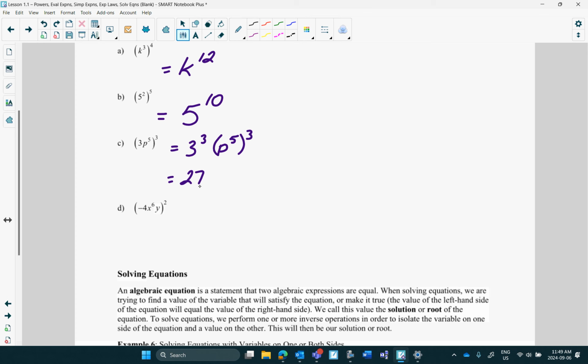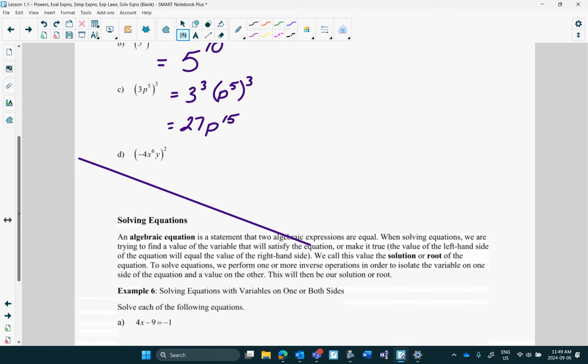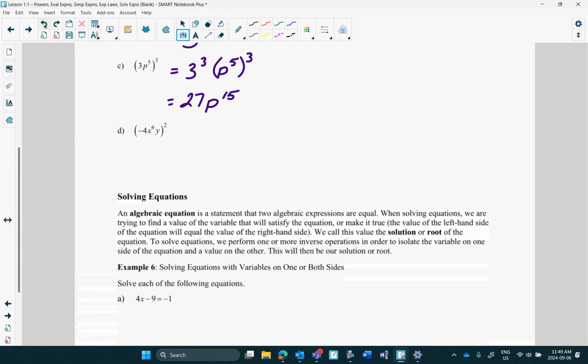This is an exponent law. 3 to the 15. And for D, just remember the variable is going to be by itself, so I'm just going to attach an exponent of 1 to remind myself when I do exponent laws.